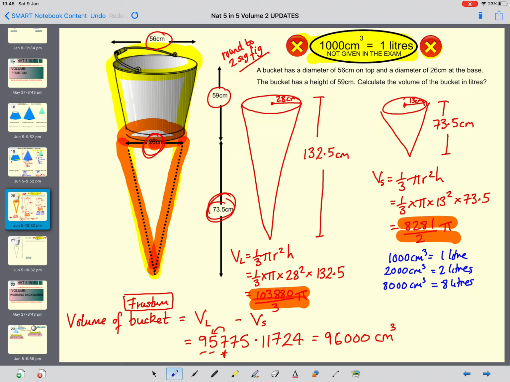You can see the connection here, which means 12,000 centimetres cubed must be equal to 12 litres. And therefore, I'm transferring 96,000 centimetres cubed, and that must be 96 litres. So you're dividing by 1,000 to get it into litres. So that is my final answer of 96 litres.